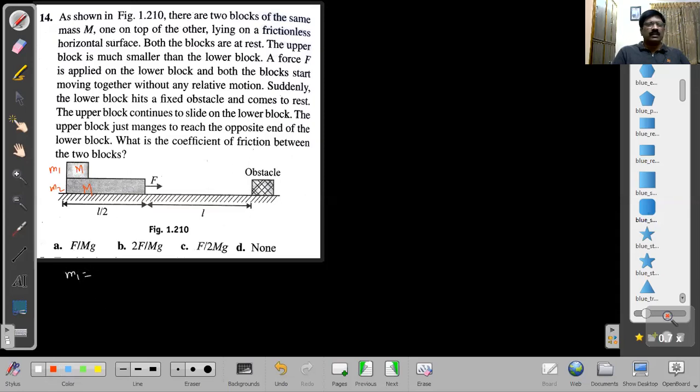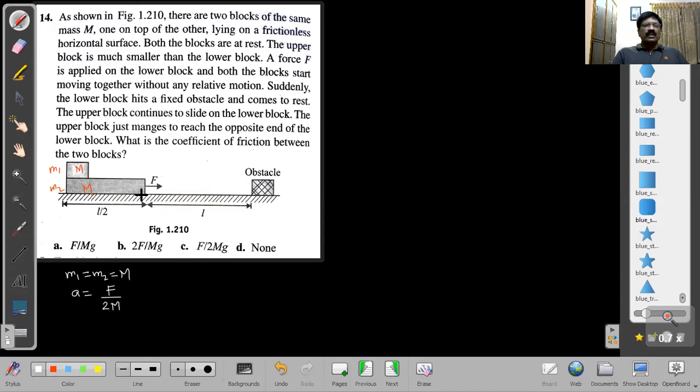From the diagram, m1 is equal to m2 is equal to capital M. Whenever the force F is applied, the two blocks move together without relative motion between them. So what is the acceleration? Acceleration of the two blocks, A, is equal to the total force acting on the system divided by the total mass. As both blocks move together, the total mass is m plus m, that means 2m.